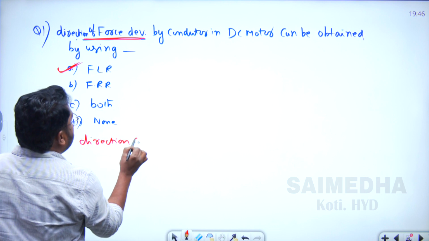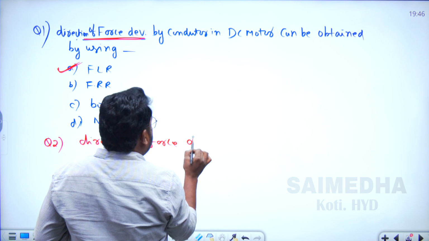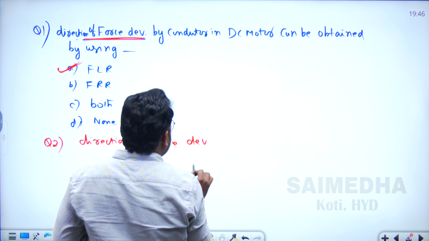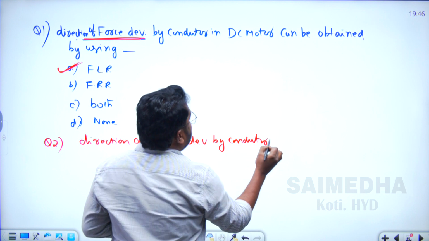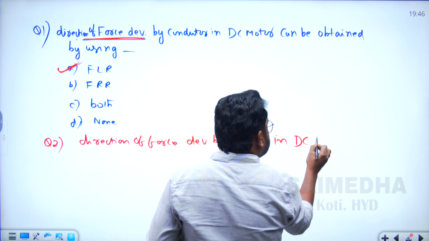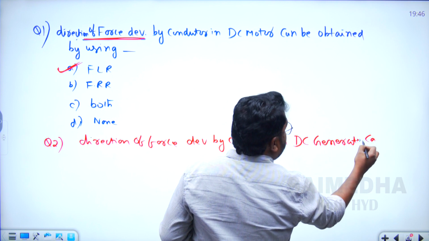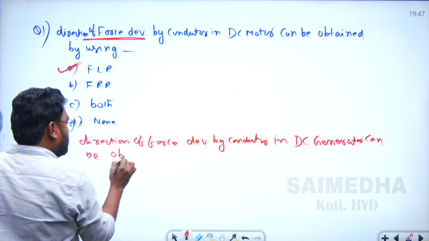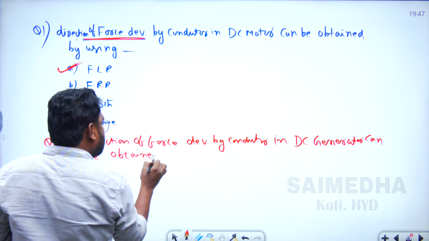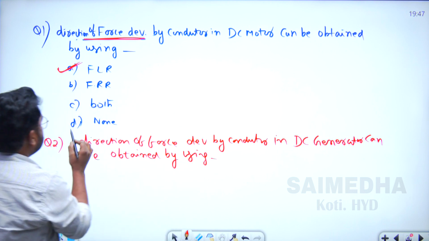Now the same kind of question, question number 2: the direction of the force developed by the conductor in the DC generator can be obtained by using what?